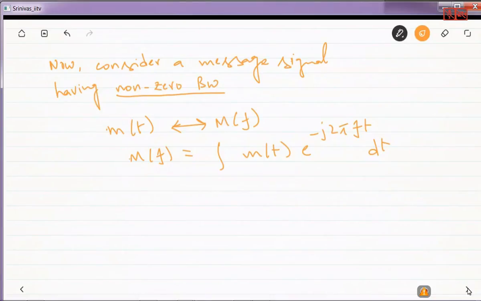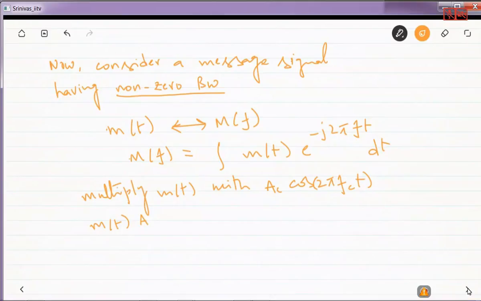Right. So now let us consider multiplying m of t with Ac cos 2 pi fc t. That means I can write this as m of t into Ac by 2 into, e power j 2 pi fc t plus e power minus j 2 pi fc t.